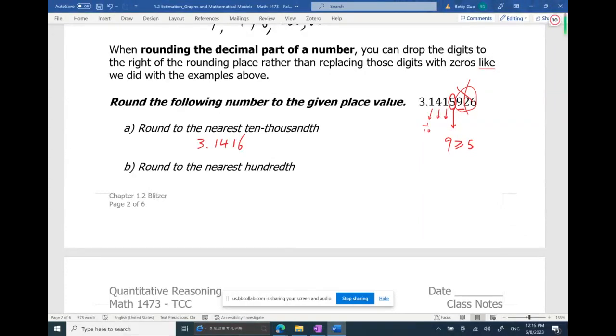So the rounding result is 3.1416. We kept 4 decimal places to the right of the decimal point, and we round the number to the nearest 10,000th. Part B, we are rounding this number to the nearest hundredth.